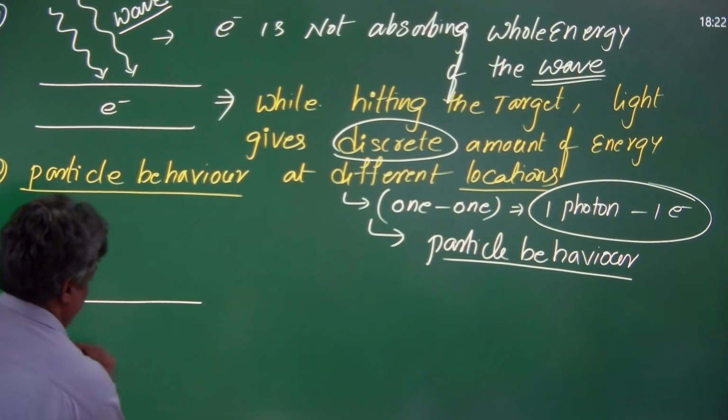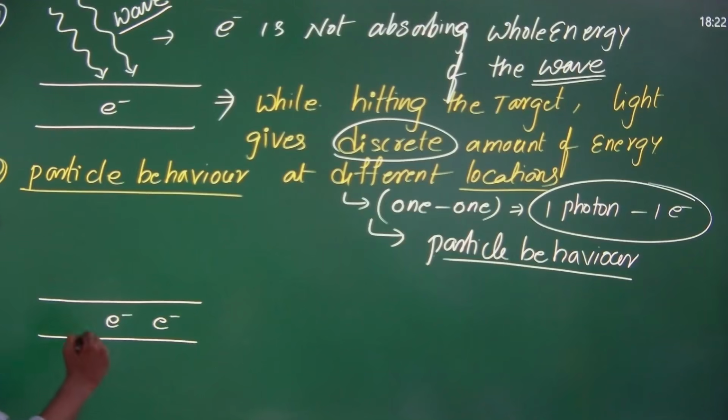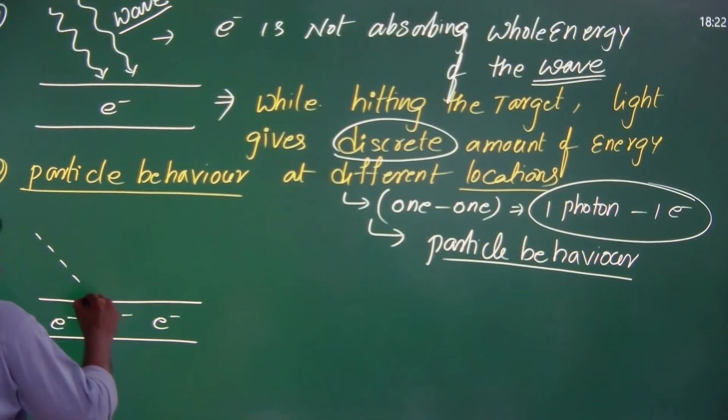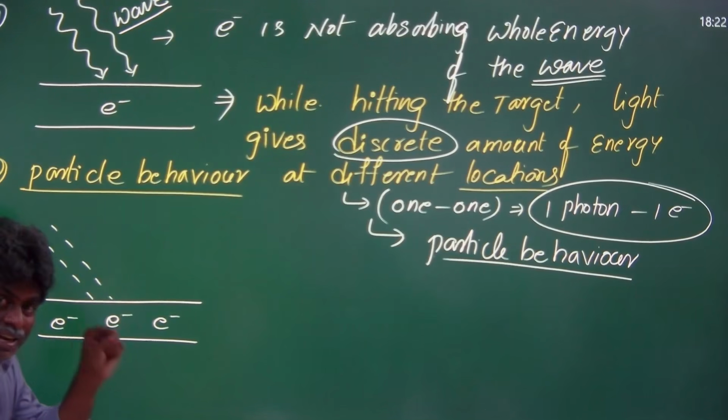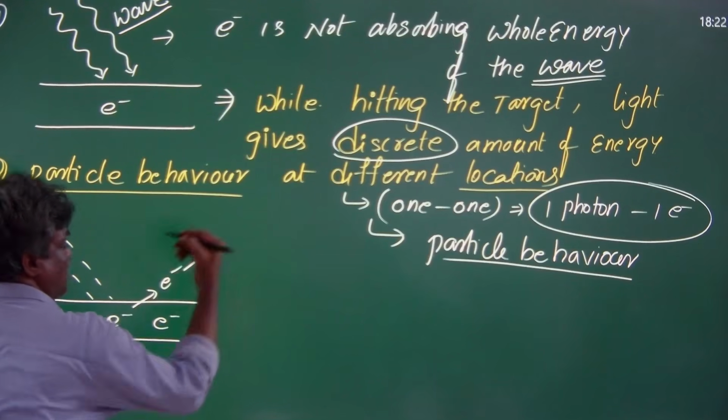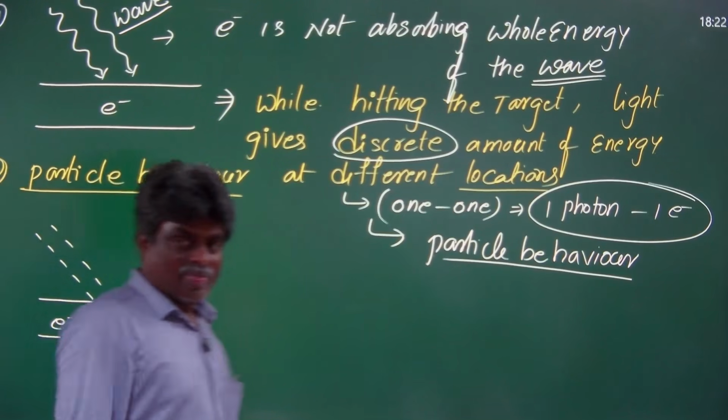Again here we have electrons. Are you listening? Here, electrons. Now what you said: while it is hitting the target, it's not a wave, it is giving some discrete amount of energy, and that energy is absorbed by one electron and it is coming out. Say yes or no?